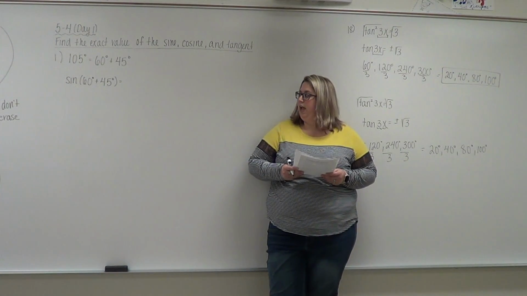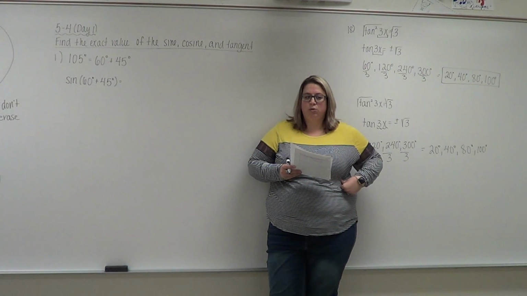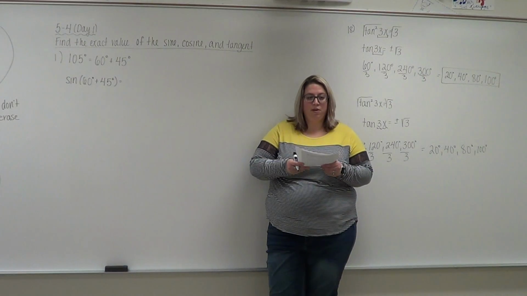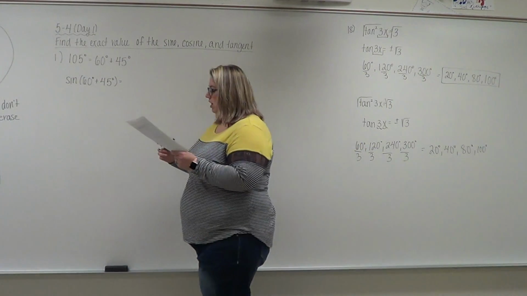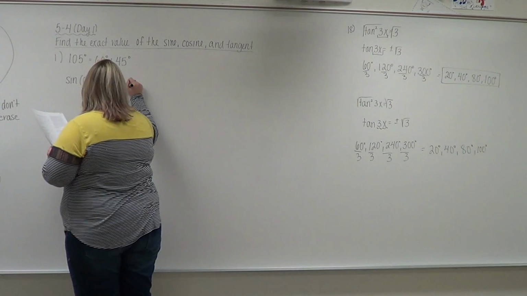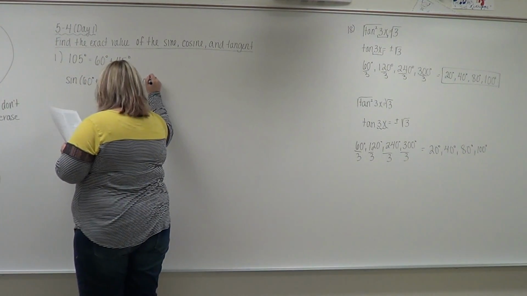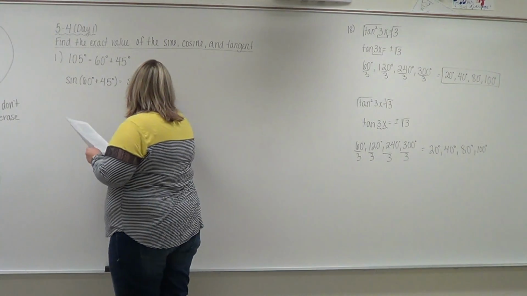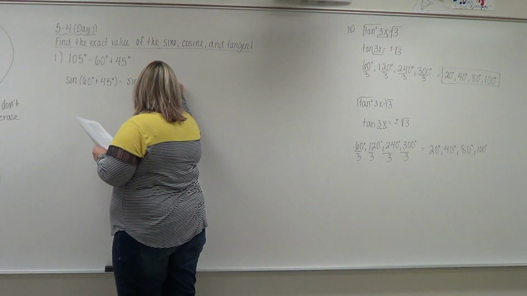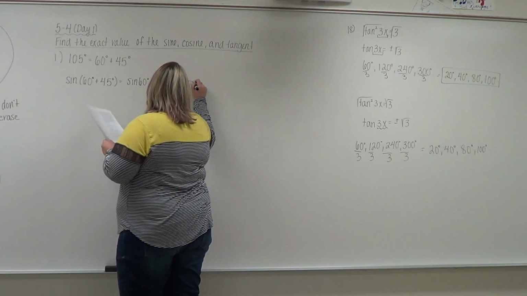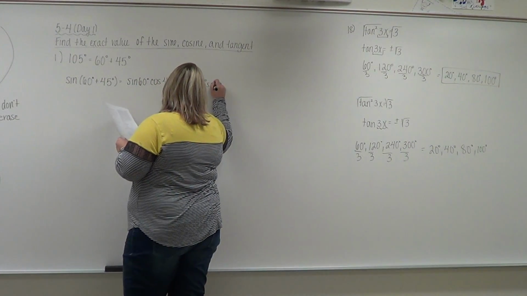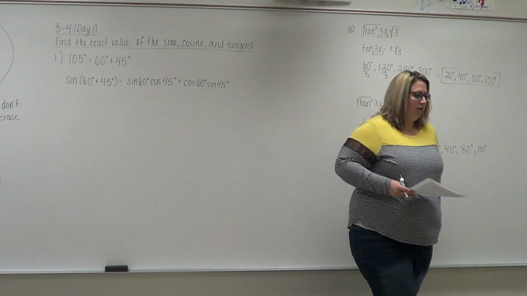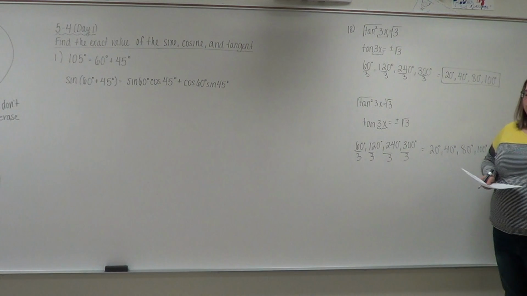Which one's my u, which one's my v? 60 is the u, 45 is v. So for sine, we're gonna do sine 60 degrees, because that's your u, cosine 45 degrees, plus cosine 60 degrees, sine 45 degrees. Does that make sense where I got all that?